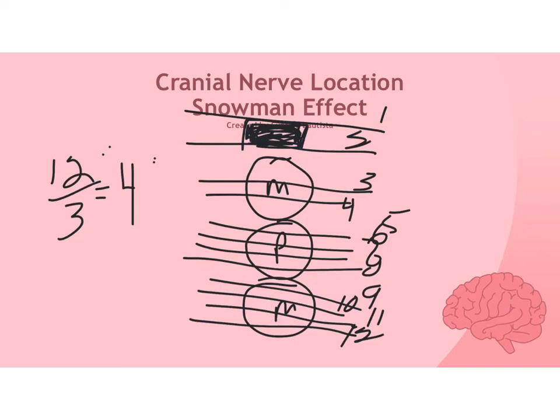You would envision, I got a snowman, I got 4 cranial nerves per section. So lower medulla, 9, 10, 11, and 12. I'm hoping this snowman effect, if you can envision this snowman, will help you remember which cranial nerve is in which section of the brain stem.